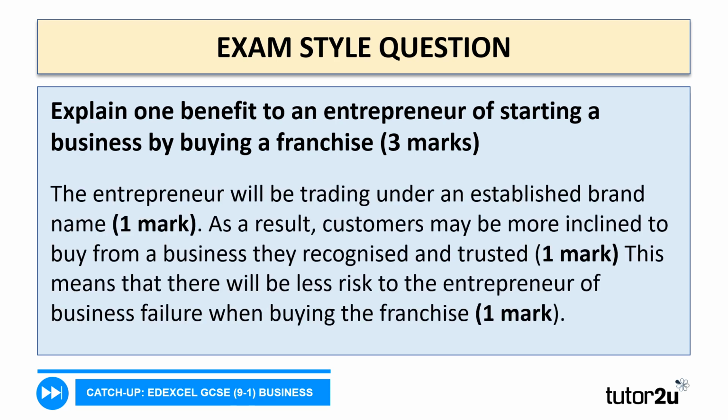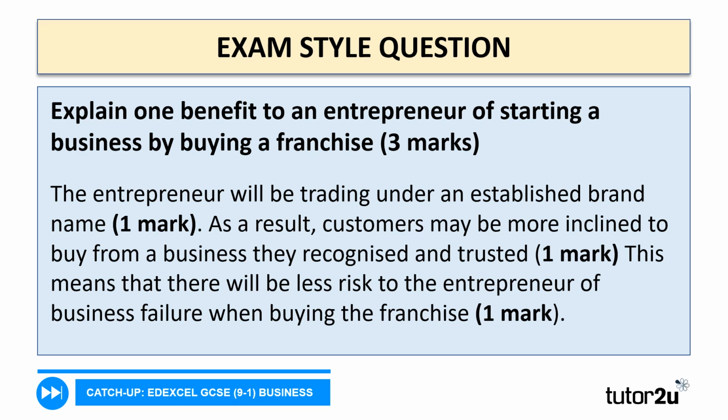In the first sentence, you need to have identified a clear point or a clear benefit to an entrepreneur of starting a business as a franchise operation. So I've written the entrepreneur will be trading under an established brand name. That's clearly a benefit. And it shows distinct knowledge of franchising, which is really important to ensure that the examiner knows that you understand the key concept and topic area of the question.